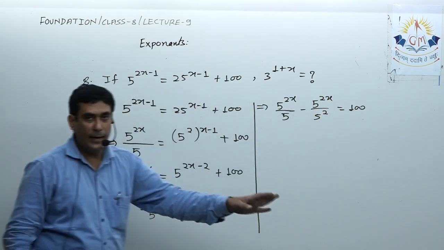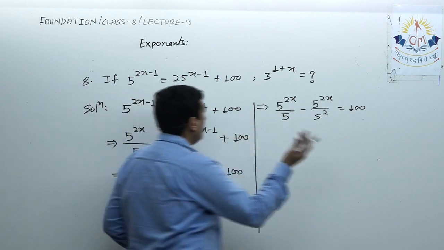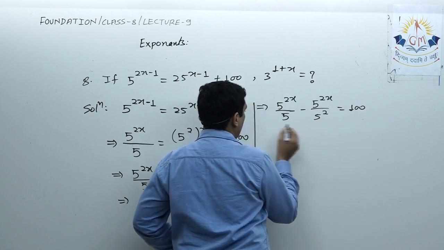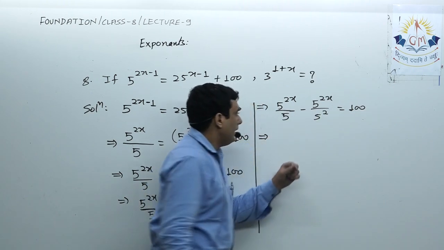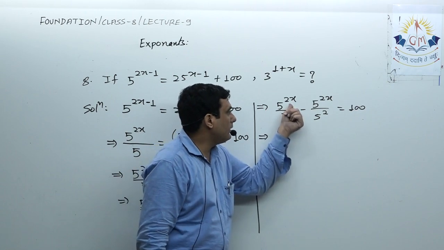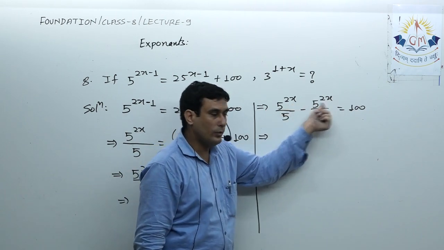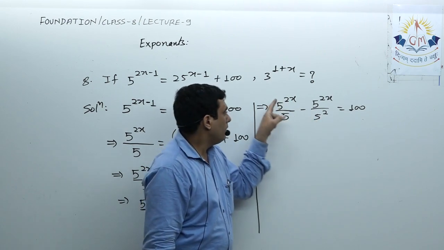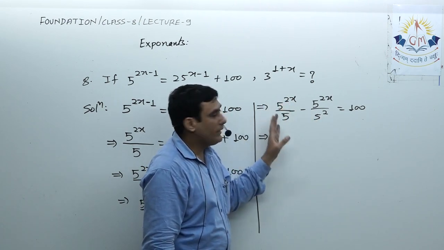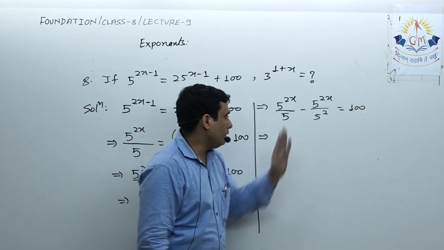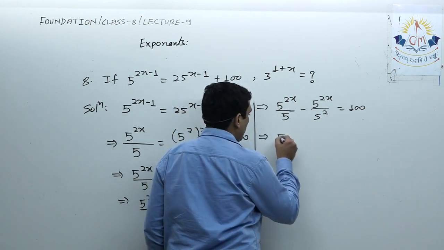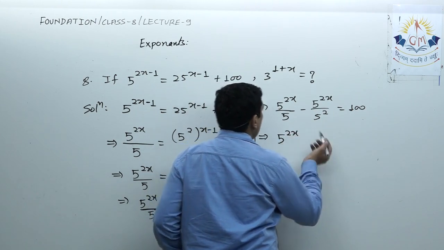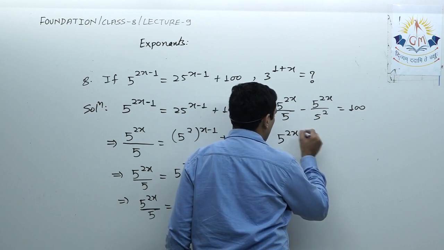The terms containing x I took on one side, and the constant term I keep on the right hand side only. Now, if you are able to see, this is 5 raised to 2x, this is 5 raised to 2x upon 5 square, that is 5 into 5. So 5 raised to 2x upon 5 is actually common in these two terms, so that I am taking common 5 raised to 2x. Okay, let me take only 5 raised to 2x common.